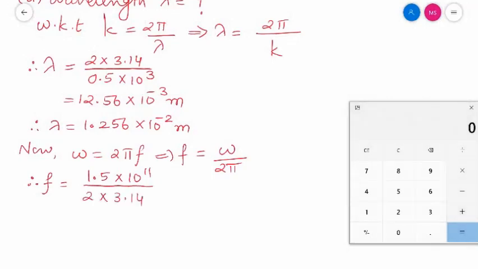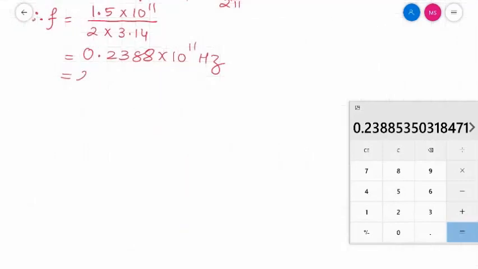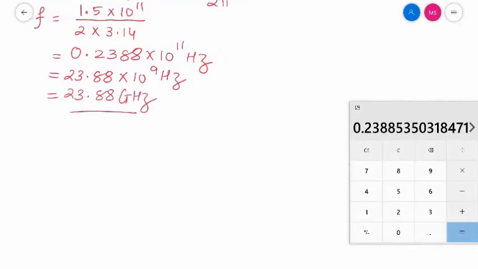So 1.5 divided by 2 divided by 3.14 will give us 0.2388 into 10 raised to 11 hertz, or you can say this is equal to 23.88 into 10 raised to 9 hertz, which is written as 23.88 gigahertz. So this is the value of frequency.